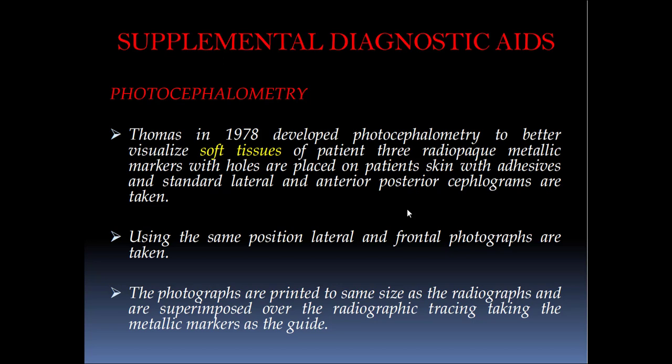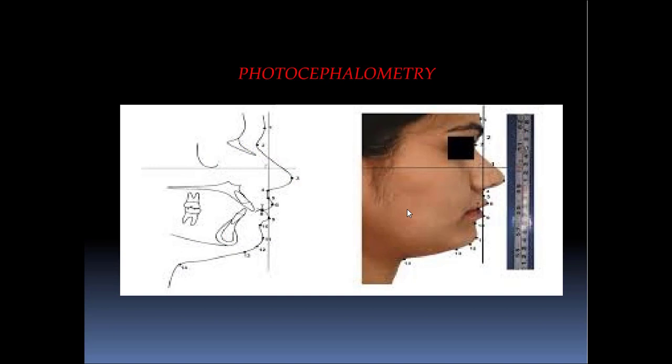After that, the photograph and lateral cephalogram are superimposed on each other to relate the soft tissues with the hard tissue of that patient. So a lateral cephalogram is taken. After that, from the same position, a lateral photograph is taken. Then after developing the lateral cephalogram and photograph, both are superimposed on each other to relate the soft tissue component of the patient on the hard tissue component of the same patient.